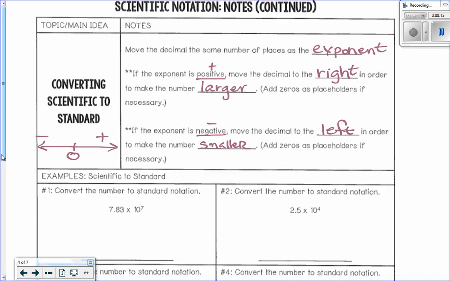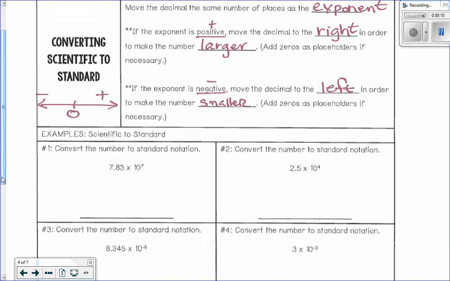So, number 1, convert the number to standard notation. What does that exponent tell us? To the right, how many times? You got it. So I'm going to rewrite it. 1, 2, 3, 4, 5, 6, 7. That's where our decimal will be.